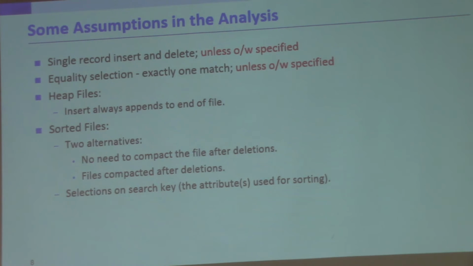And for equality search, for example, give me the student record with student ID equal to 1, 2, 3, 4, that always matches just one record, right? But if you do a search on student name, for example, give me all student records whose first name equals Mike, you may end up with hundreds of Mikes, hundreds of records, right? And this is a variable.